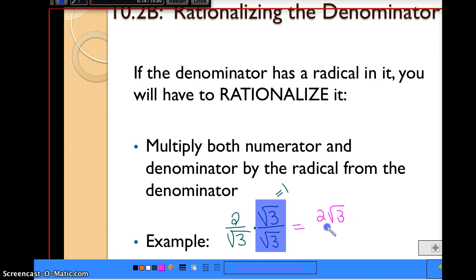And then root 3 times root 3 is root 9. Square root of 9 now comes out as a 3. So 2 root 3 over 3. These two coefficients, if they were divisible by each other, you could simplify it. You cannot simplify these two because this is a radicand and this is a coefficient. So that's your final answer.